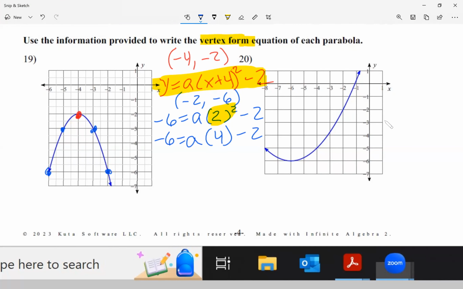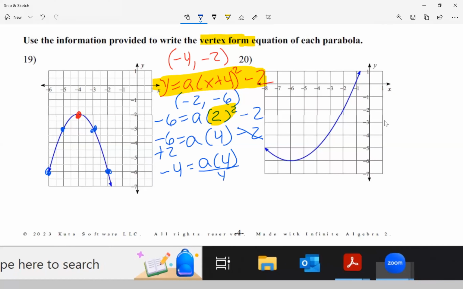The -2 at the end, let me move it to the left side as a +2. Don't forget to switch the sign. So I have -4, because -6 plus 2 is -4, equal to a times 4. Once I divide both sides by 4, I get that a is equal to -1. Oh, cool. So my answer, because a is -1, I'm not going to write the 1. I'm just going to include the negative sign.